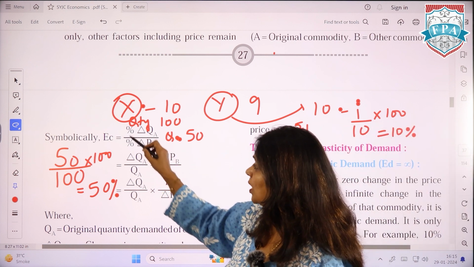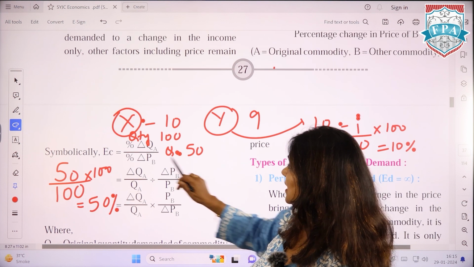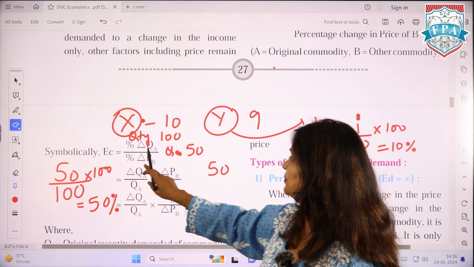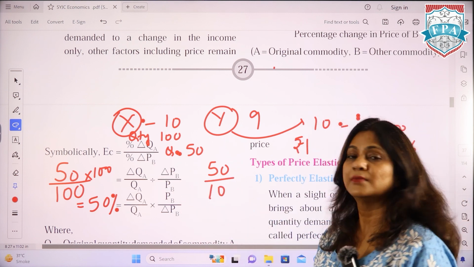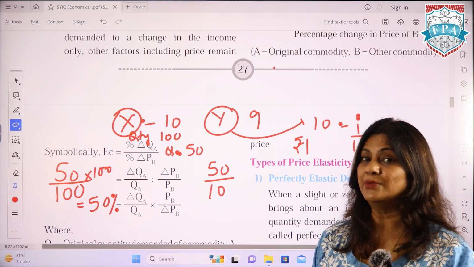So how do you find out the elasticity? Percentage change in quantity A, which is 50, divided by percentage change in the price of B, which is 10%. तो हम इसको बोल सकते हैं it is highly responsive because it is more than 1, right?